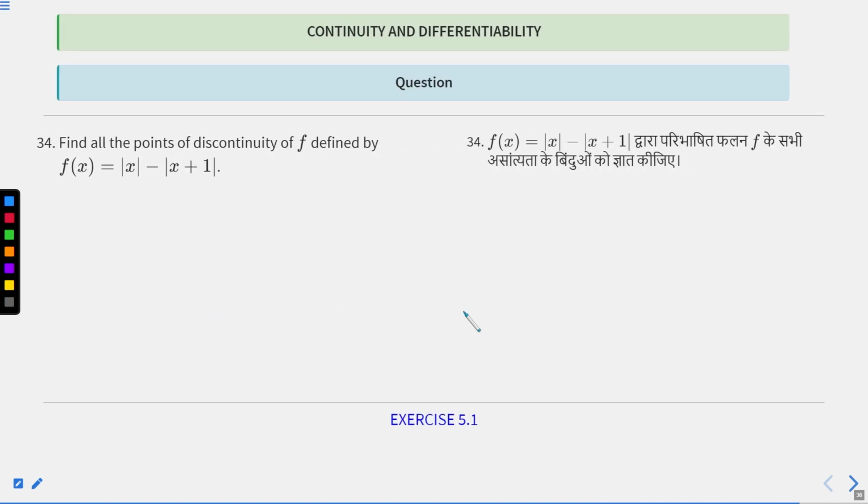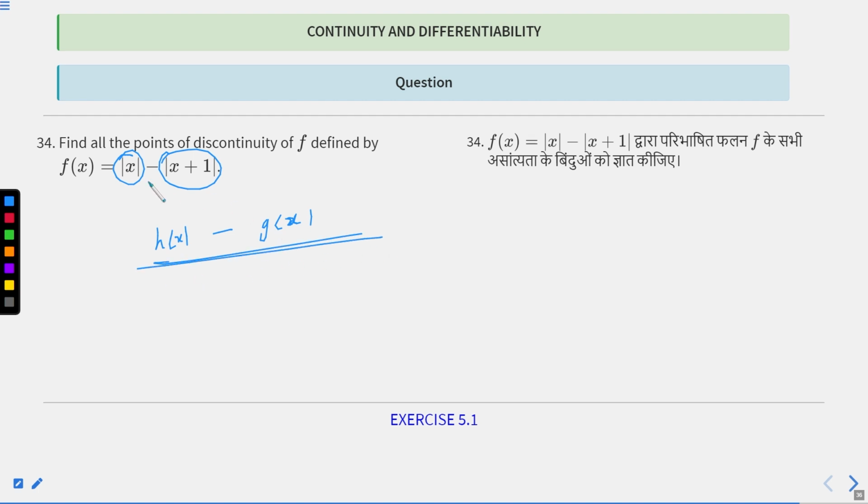So the last problem of this exercise. Here we have to find all of the points of discontinuity. So how are we going to determine the points of discontinuity? As we already know, this is a continuous function, this is also a continuous function, and we know that if h(x) is continuous and g(x) is also continuous, then their difference is also going to be continuous.